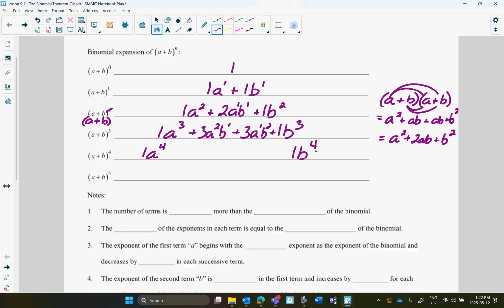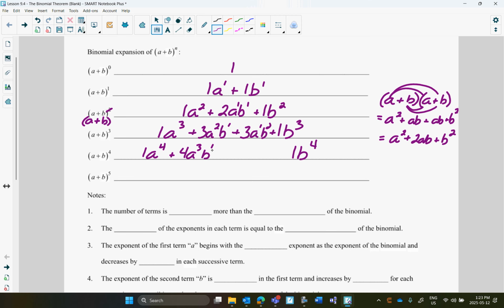Any ideas? A to the 3. Yes. How did you get that? There's a couple ways you can look at it.